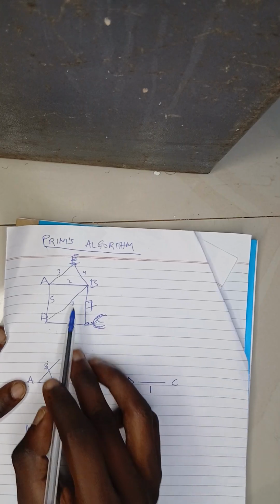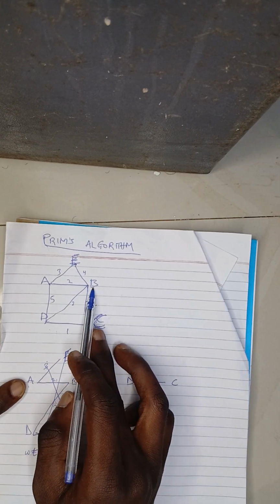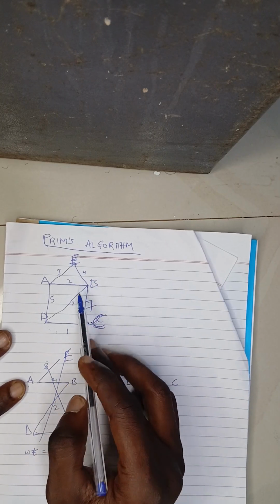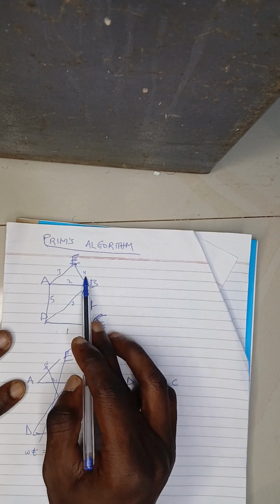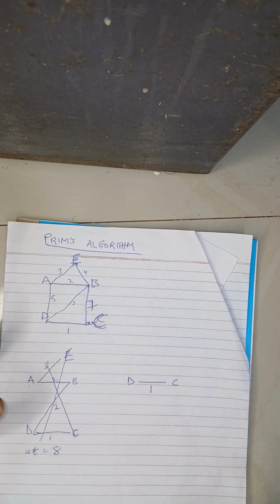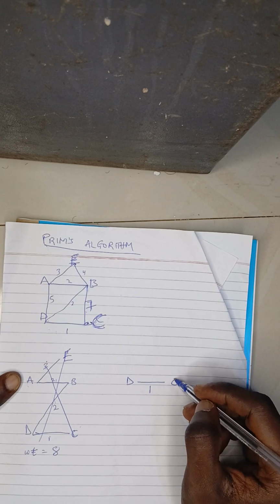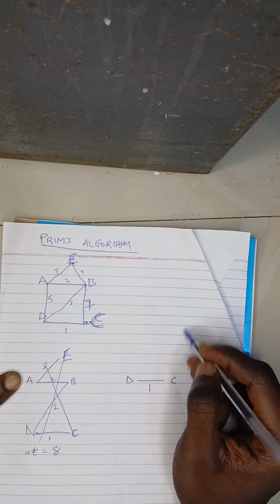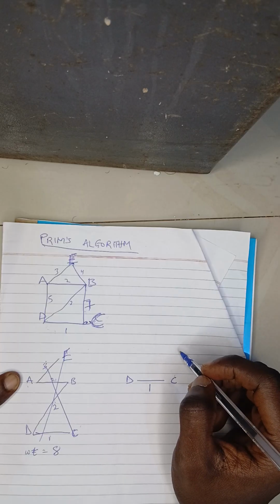Now, you look at B critically before you go to B. B has 1, 2, 3, 4 connections. Among these 4 connections, which one is the least? It's not because you are forced to choose 7 that you go to B. No, don't do that.